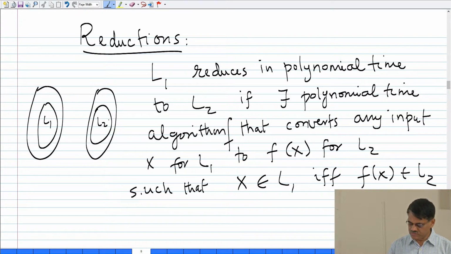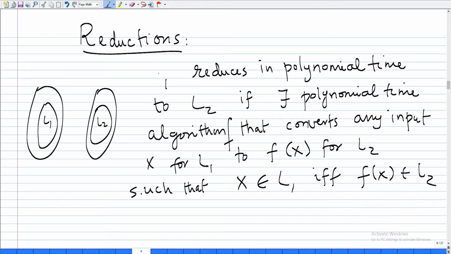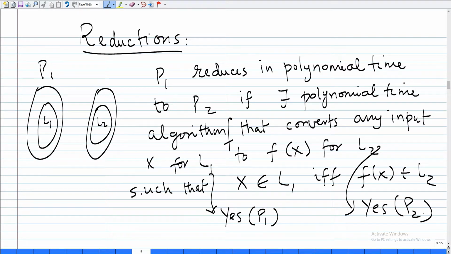Let us call it P1, and L1 is the set of yes instances of P1, and L2 is similarly for P2. So, I have two problems P1 and P2. Think of this as vertex cover and independent set, or max edge disjoint paths and network flows. And we are talking about decision problems.